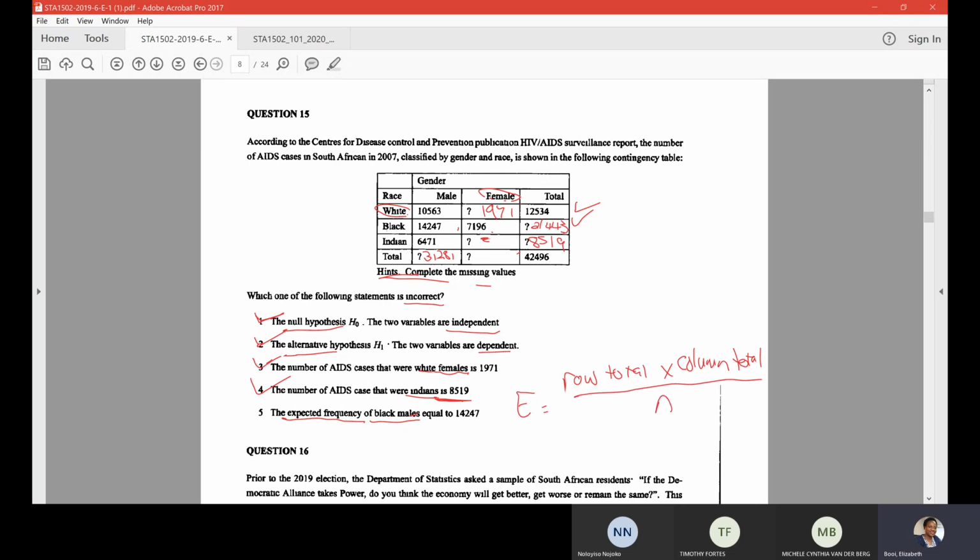Our row total for black is 21443 multiply by column total for male 31281 divide by the overall total, which is 42496. What do you get? I doubt if you will get 14,947. 15784.0381. Yes. Therefore, that is incorrect.